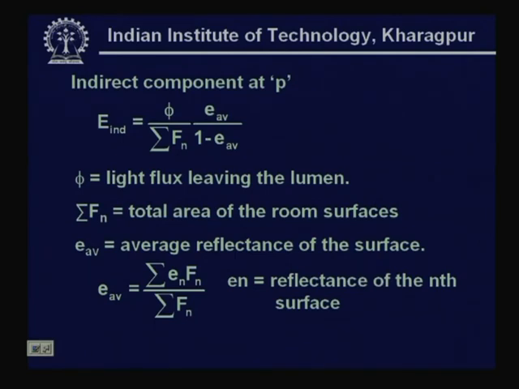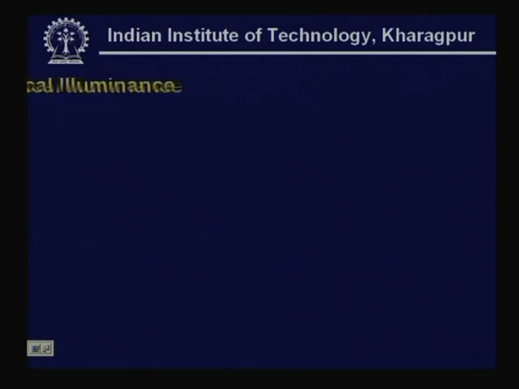The average reflectance is considered by taking the reflectance of each surface, which is given as rho n, E n here. That is about the horizontal illuminance.